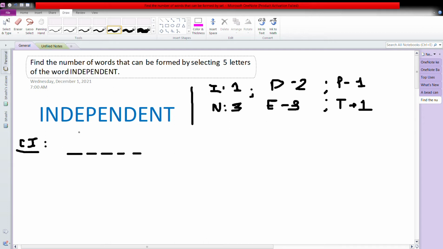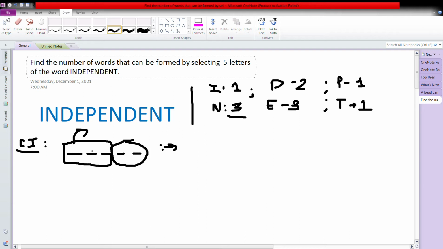Let's make places for our letters to be placed. We have 5 places for our letters. Let us take that the first 3 places are the same letter and the remaining 2 places get another same letter. Why? Because we have 3 N's and 3 E's, so all the N's may be placed here, or the E's may be placed here.